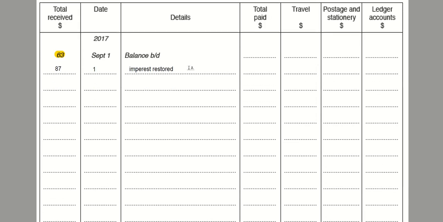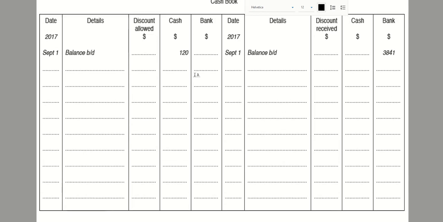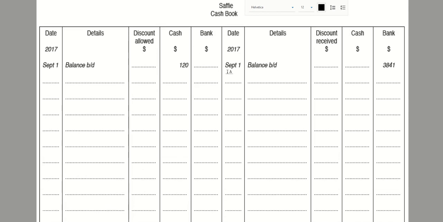Instead of imprest restored, let's delete that and just write bank there. So that's your bank here, and the double entry of this will go in the cash book. So we'll go to the cash book and make a double entry on the credit side on September 1, petty cash book or petty cash, both are okay. And in the bank column we will make the entry.